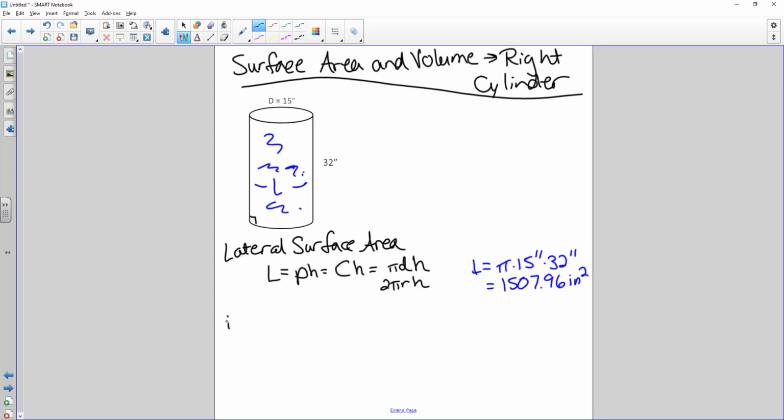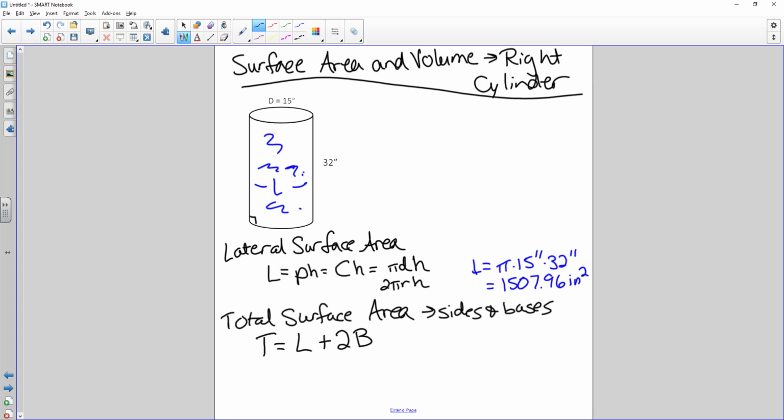Okay, now total surface area. This is to get the sides and the area of the bases. So to get the total surface area, we're going to take what we just did, the lateral surface area, and add twice the area of the base. So the area of the bottom and the area of the top.